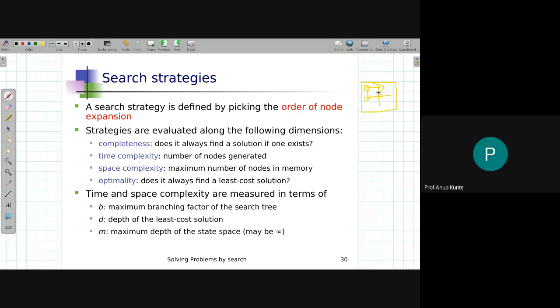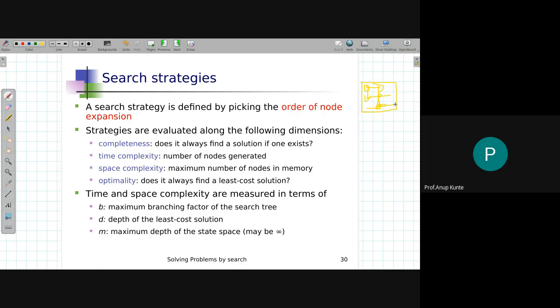So how many such different cases are there in the 8 puzzle problem? 3 are there. I can be at the corner, I can be at the center, or I can be at the side center. If I am at the center of any edge, the side center, then I have 3 options to expand the node.